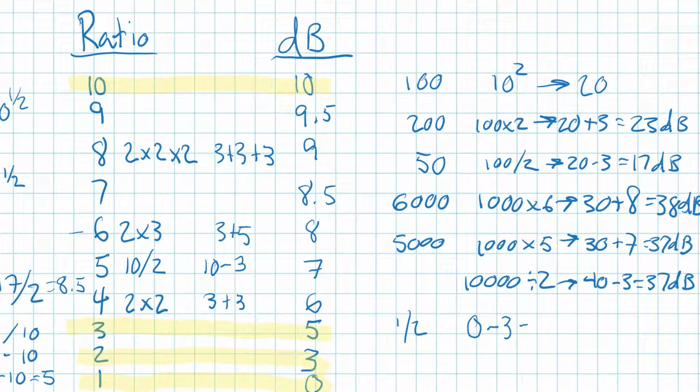So we get 1/2 is minus 3 dB. Similarly, for 1/4, we get 0 for the 1, a minus for the division, and 4 is 6 from our table. So we get minus 6 dB.